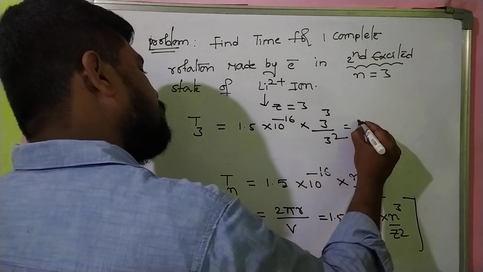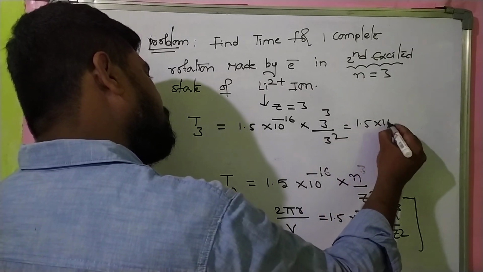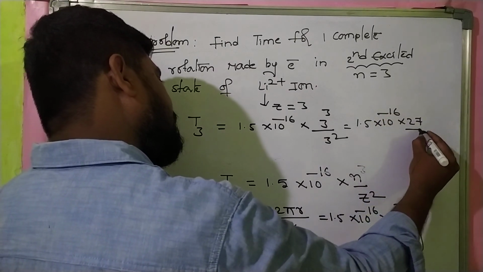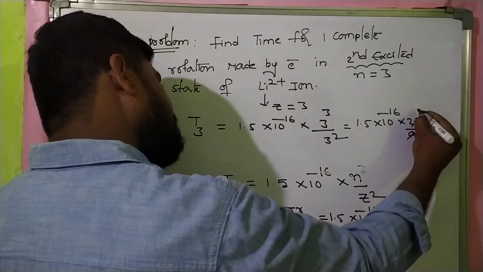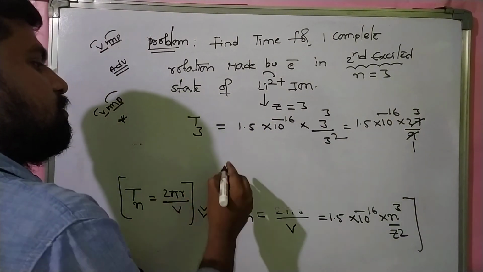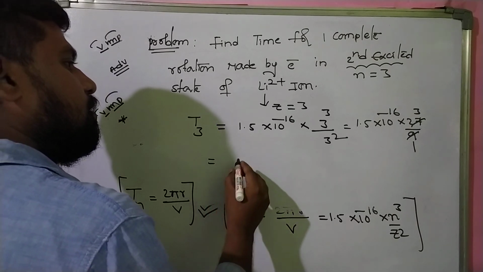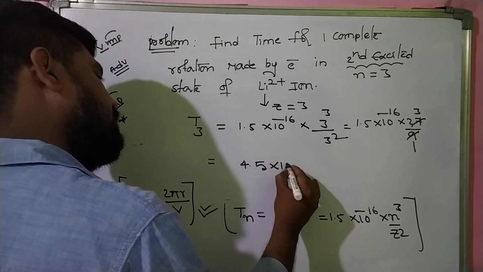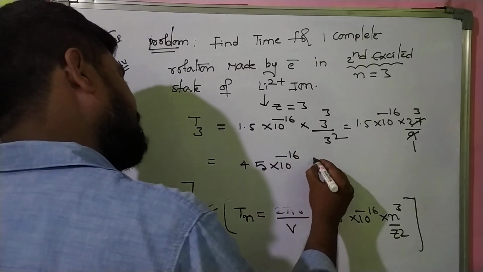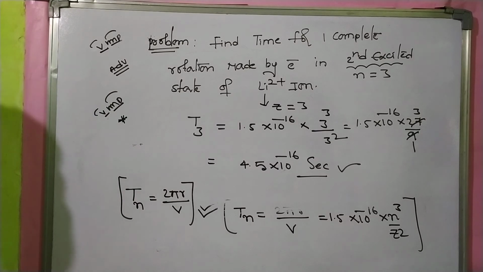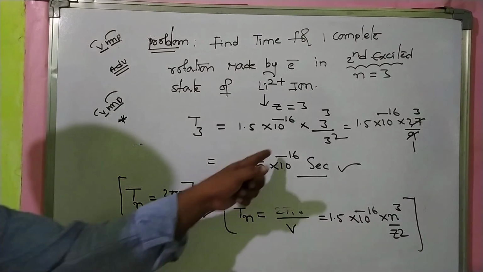So that equals 1.5 into 10 to the power of minus 16 into 27 by 9, nine threes are 27. So that equals 4.5 into 10 to the power of minus 16 seconds. So that is the answer. Very important. Please note up to this one.